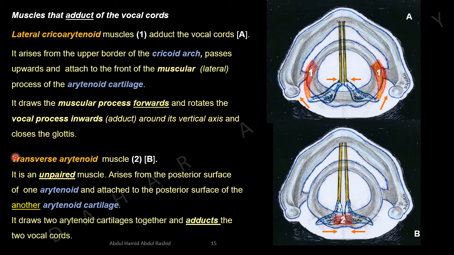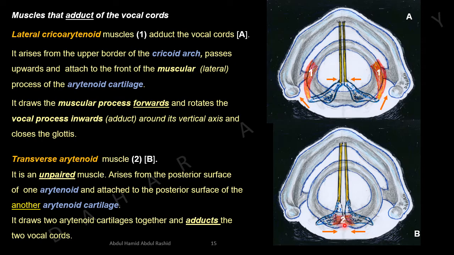Next muscle is the transverse arytenoideus muscle. Look here. This is again arytenoid cartilages sitting on the upper border of the lamina of the cricoid cartilage. This is the lateral process. This is the anterior or vocal process. Here is another muscle called transverse arytenoid muscle.